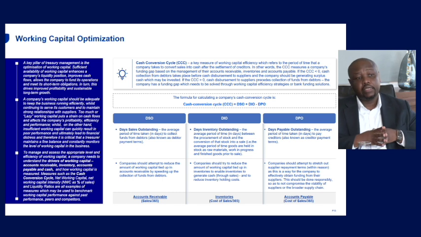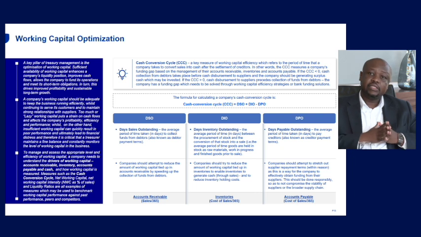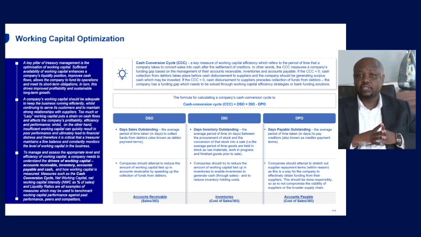If you then go into DIO, these strategies are largely driven by the companies themselves. What we've seen is that the companies that implement things such as applied demand forecasting tools tend to manage their stock levels a bit better.